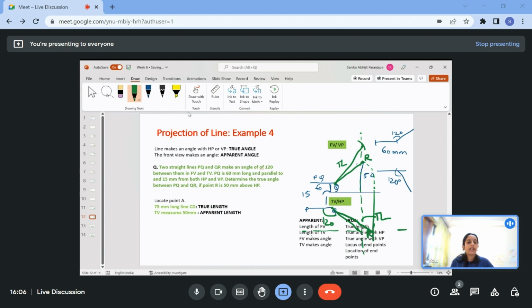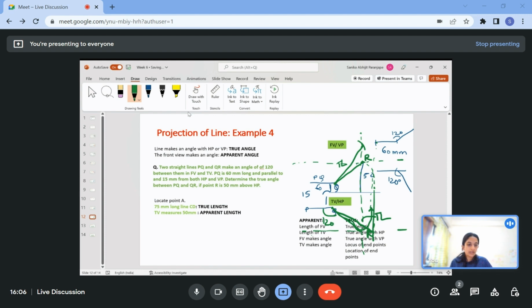Or else I can rotate Q dash R dash here. I'll get this as locus, and I know that R is here. Anyway, you can find the true length whichever way you feel comfortable.